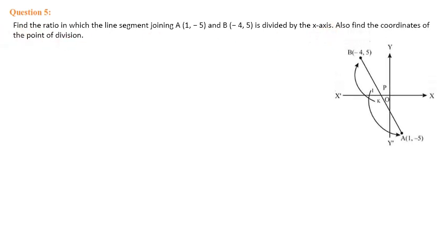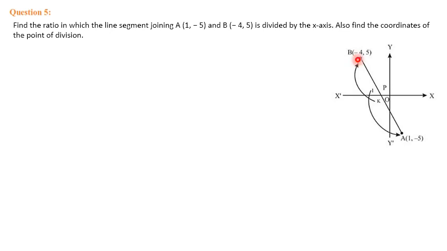Visualization of this question: A (1, -5) is in the fourth quadrant and B (-4, 5) is in the second quadrant. This diagram I have drawn is the original diagram, but you can simply draw a straight line and plotting is enough. It's only for calculation purpose and drawing the diagram is not an important matter, so you can use any way, it's not a problem.